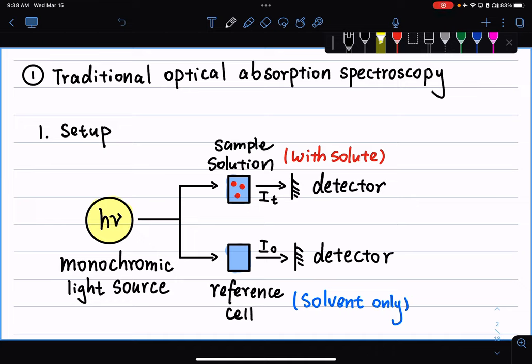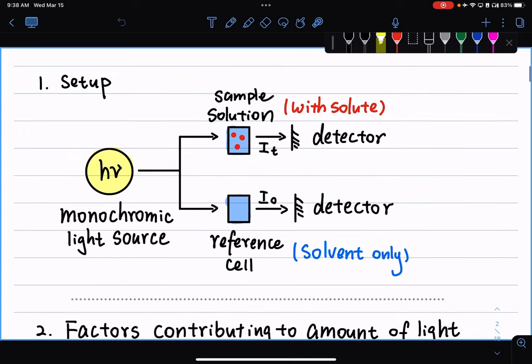In traditional optical absorption spectroscopy, here's a quick setup. We're talking about a sample in a solution cuvette. Likewise, we'll use the same light source, but we need to exclude the effect of the solvent. In the typical setup, you will have the light source going in two different directions.